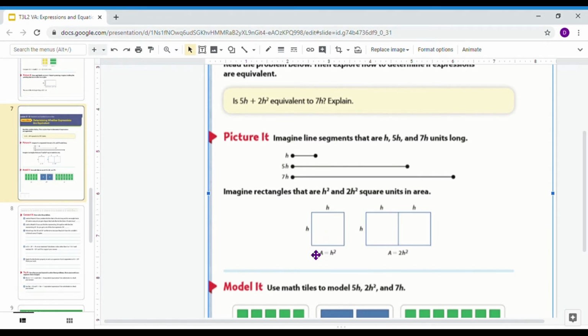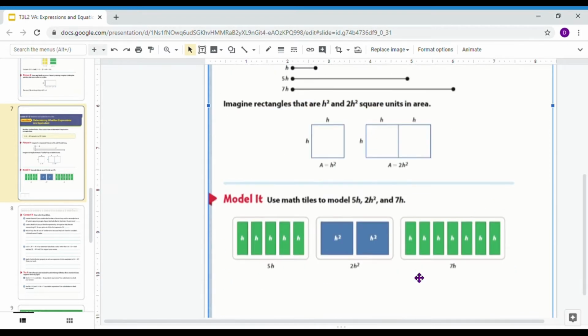And in this case, we can see right here h squared, our square with side h, and to find the area we do length times width, which is how we get h times h, which simplifies to h squared. But when we have 2 of those, we don't just have h squared, we have 2h squared. That shows the first box of h times h, and then a second box that also has h times h. So we can see h squared 2 times.